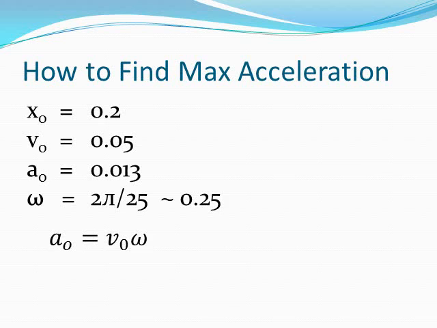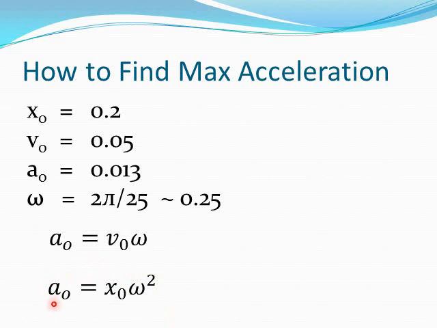However, we could put it in terms of maximum position or displacement instead of maximum velocity. Remember, maximum velocity was maximum position times omega. So if we substitute maximum position times omega in here, there'll be 2 omegas, and this becomes maximum acceleration equals maximum displacement times omega squared.